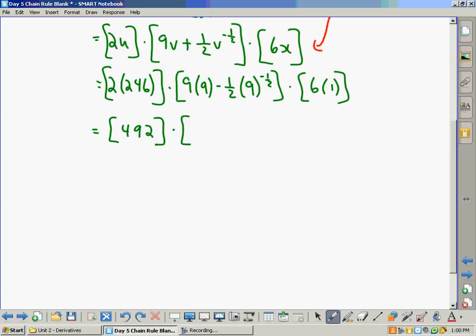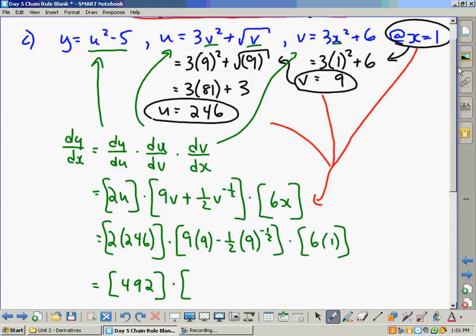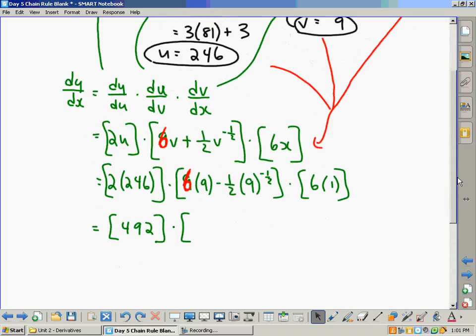Okay, I'm noticing a mistake that I can quickly fix. It's right here. Maybe you've already noticed this mistake. When I took the derivative of this thing and brought this down, this should be a 6. So that's 6v, not 9v. You might have noticed that mistake already, which would be great.